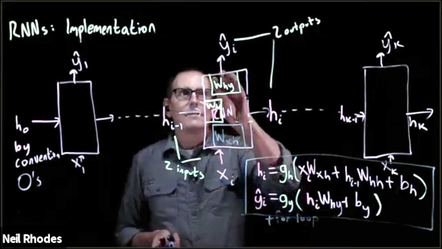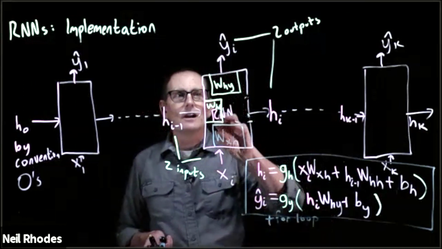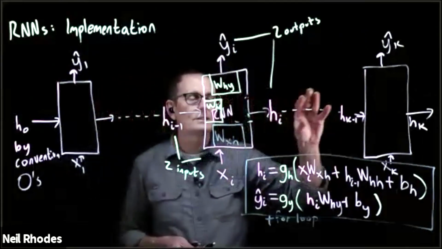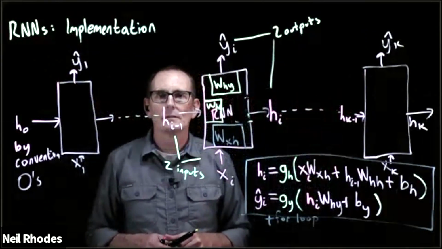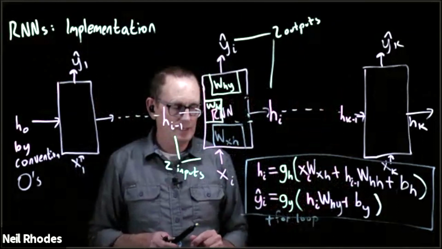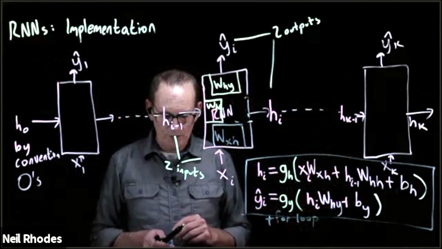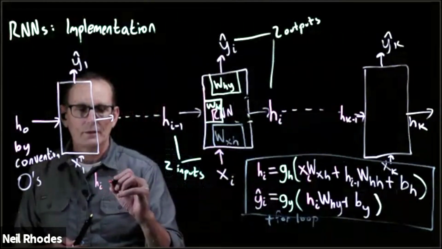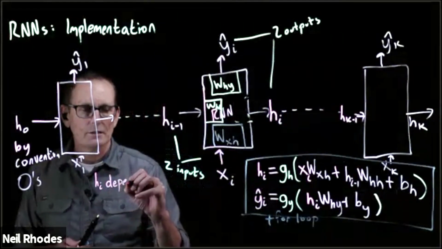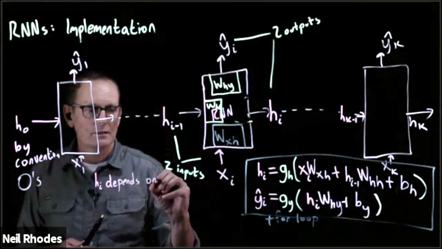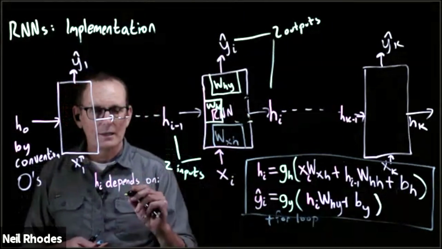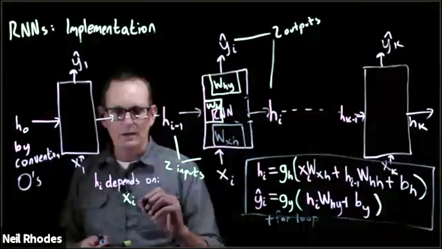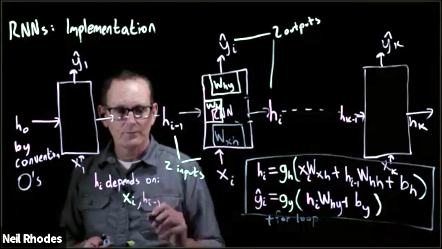Notice the matrices here are going to be the same matrix that we applied to x1, x2, x3, x4, all the way to x sub k. We do the same operation. Notice also that h sub i depends on x sub i, and it also depends on h sub i minus 1.